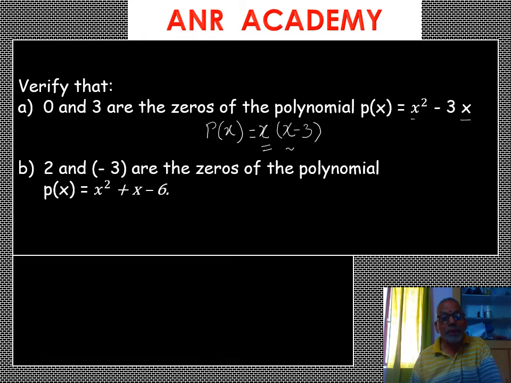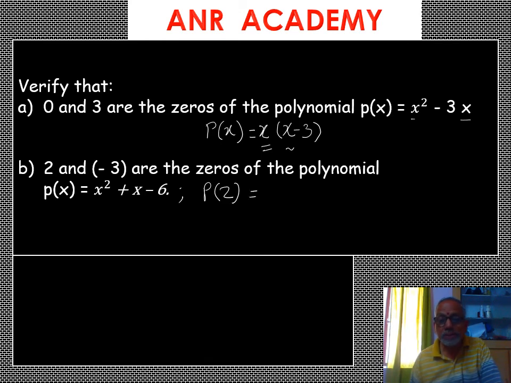2 and minus 3 are the zeros of the polynomial p of x is equal to x square plus x minus 6. So first of all let us take the value of x as 2. That means p of 2. P of 2 means what?